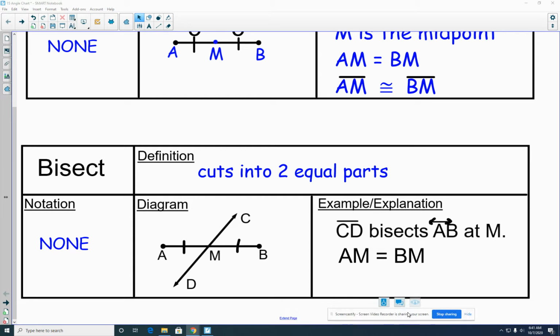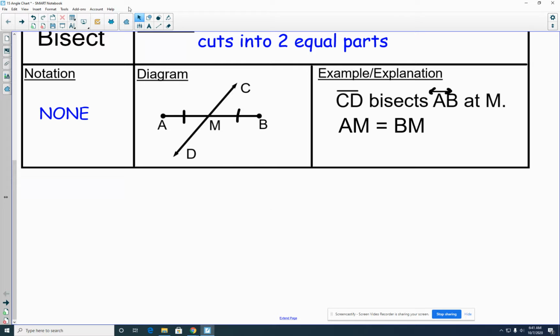Now, something that we want to also show you is the angle bisector. So quickly, if I sketch an angle down here, and I bisect it like this, right? An angle can be bisected into equal parts too. So for instance, I'll put little arc marks here and here, making this a little bit closer.